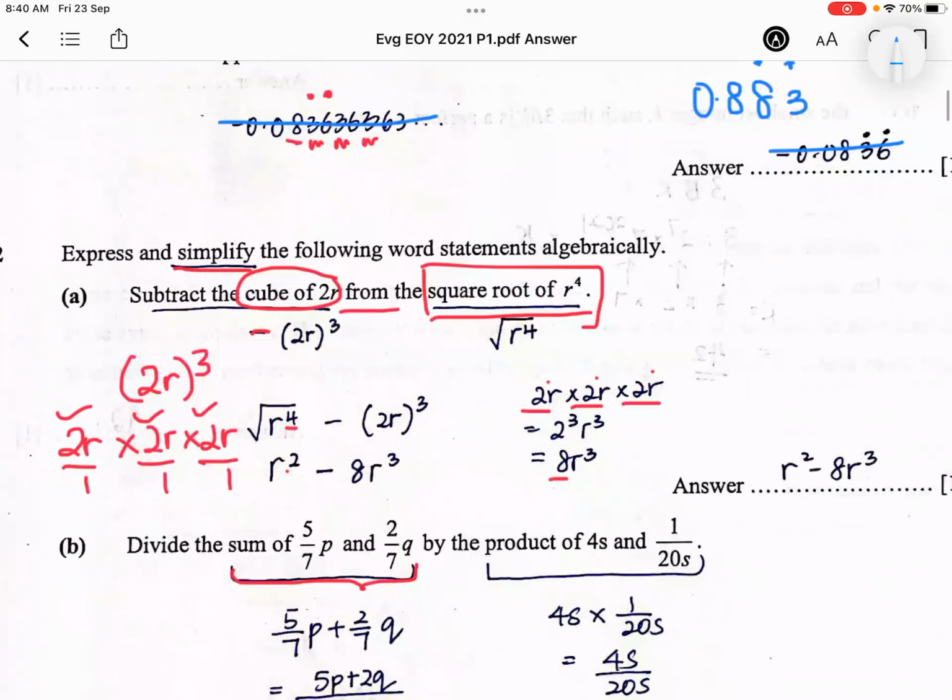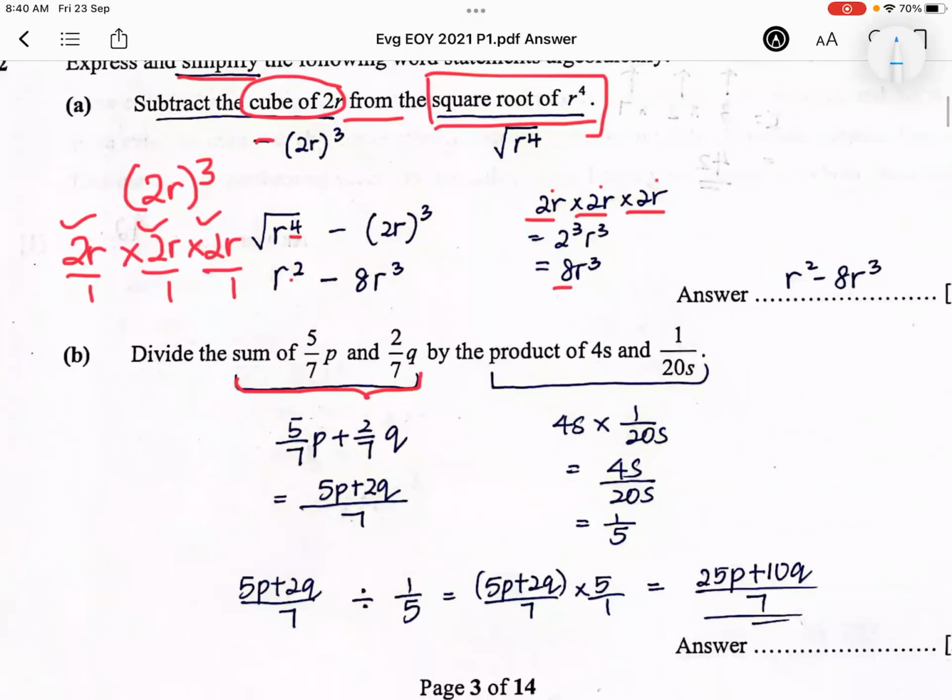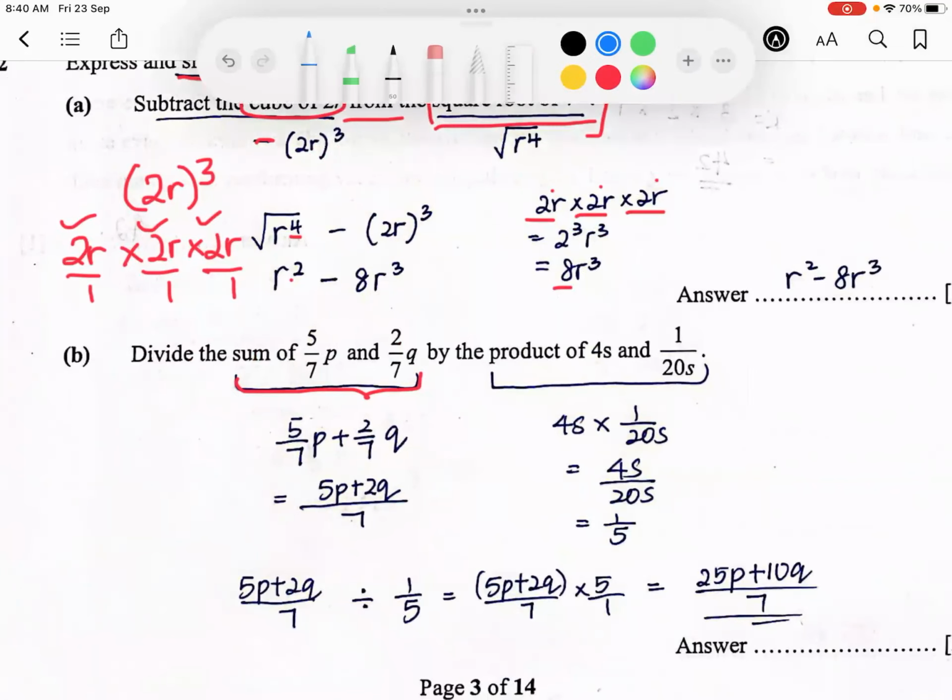Okay, let me continue. Next part B, divide the sum of this. So I need to add the sum. Here we notice that they already have the common denominator, so I can straight away combine them together. So 5p plus 2q. Take note that the p and the q should go to the numerator. Next one, they say product.